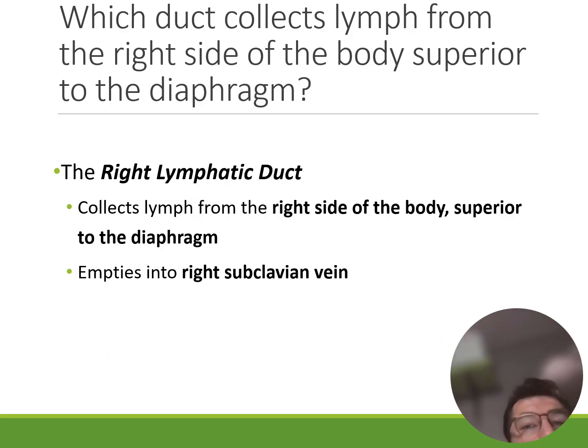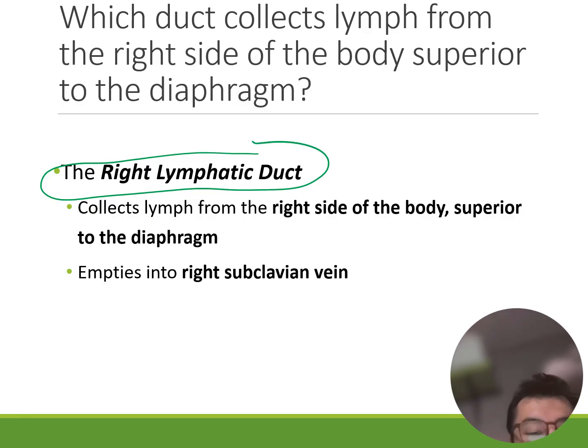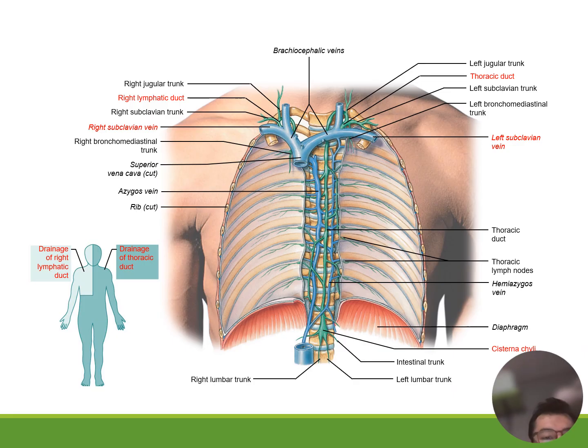Which duct collects lymph from the right side of the body, superior of the diaphragm? The right lymphatic duct. Okay, this is just a picture to depict. Remember that we're picking above the diaphragm. So if we're talking about abdominal lymphatic fluid, it's recovered through your thoracic duct, so the left side.